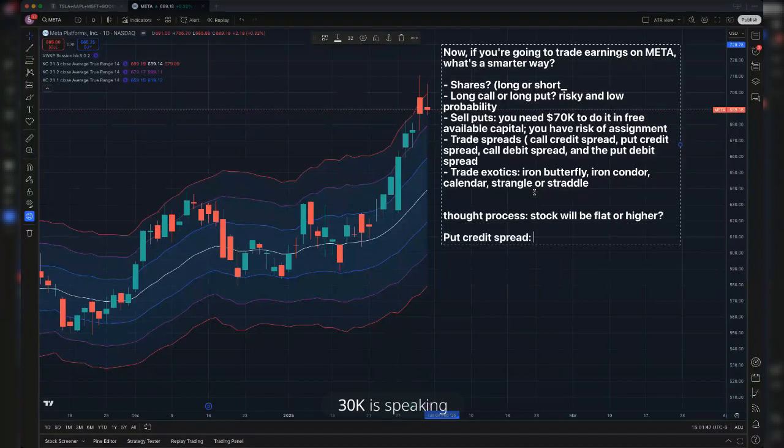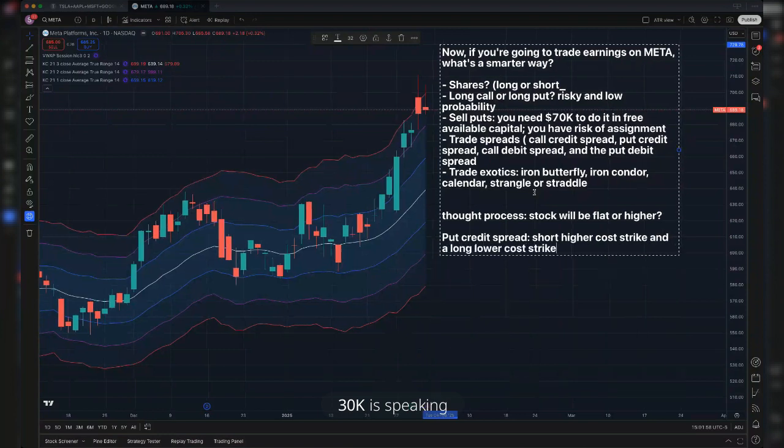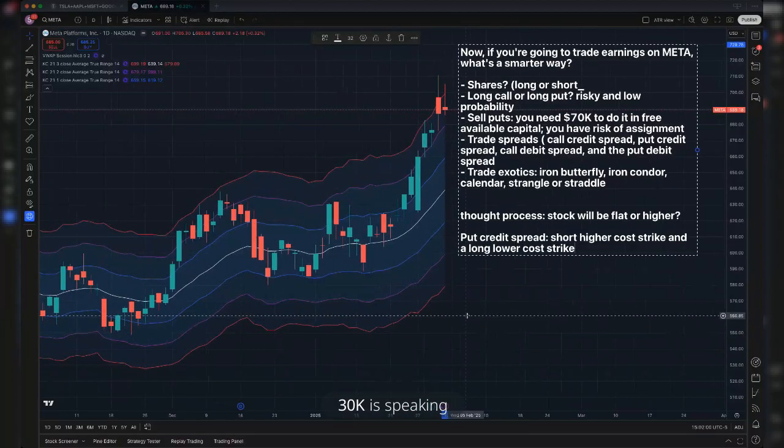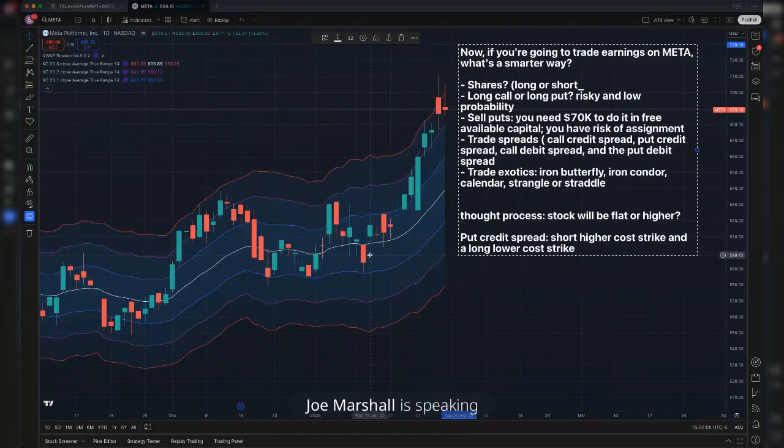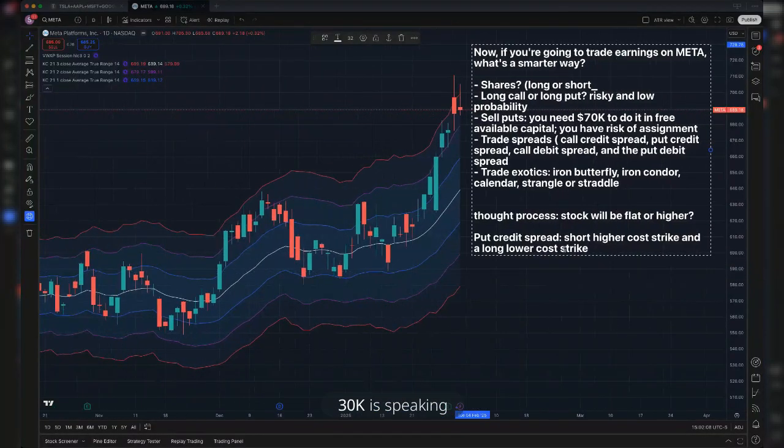A put credit spread is a short higher strike and a long lower strike. Does everybody understand how this would work? No. Okay. Let me move this.